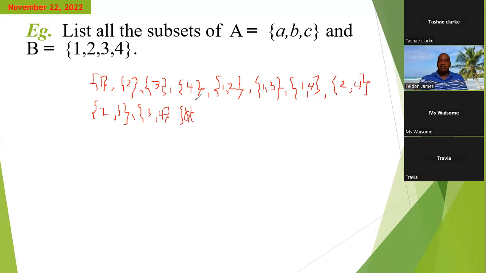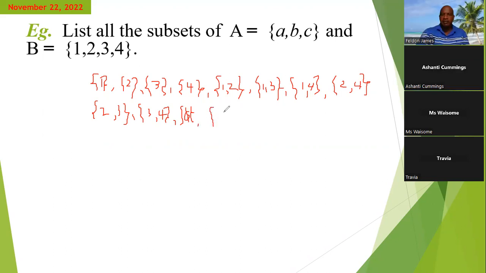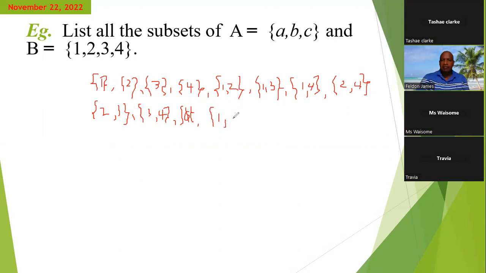Are those all the possible subsets? Sir, the 1, 2, 3, and 4 is one as well. Yeah, because those are subsets that you're forming. So 1, 2, and 3 would be one. Continue.